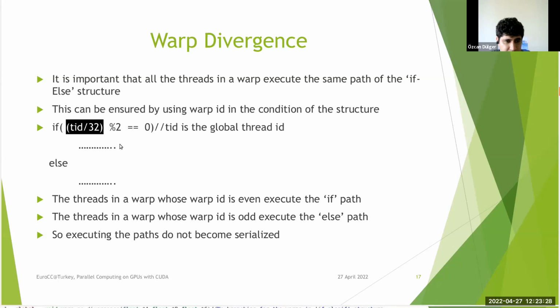If the warp ID is odd, the threads in that warp execute the else path. So executing these paths does not become serial.